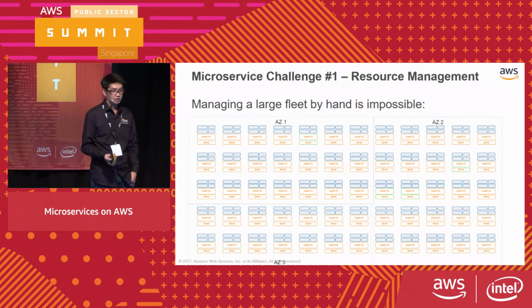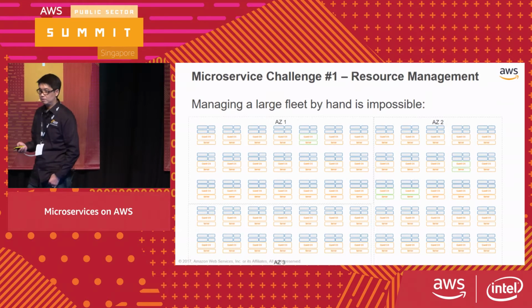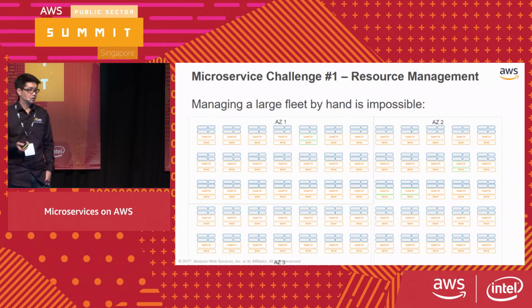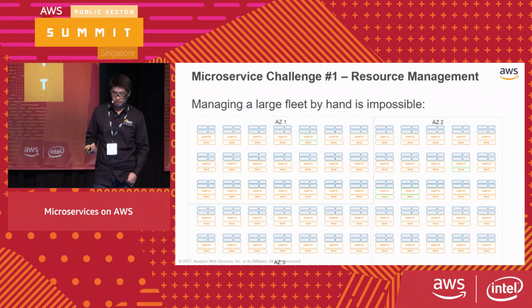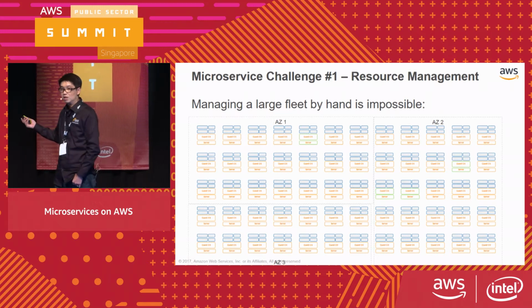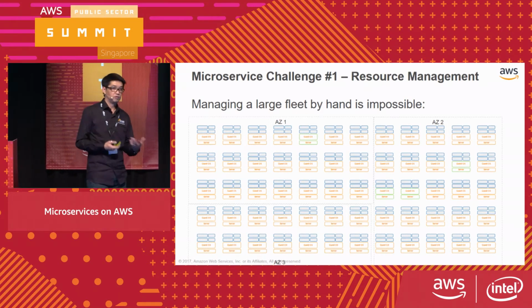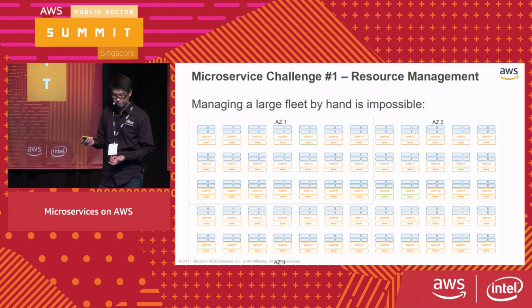A small fleet you may still be able to manage by hand, or have a database to source certain information. But how do you know which resources are available, or which host has the most resources for you to deploy your services? That's really, really challenging to find out.